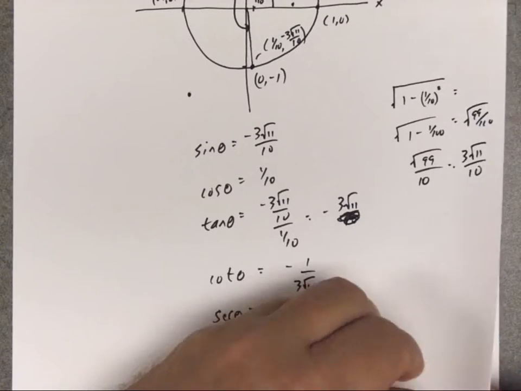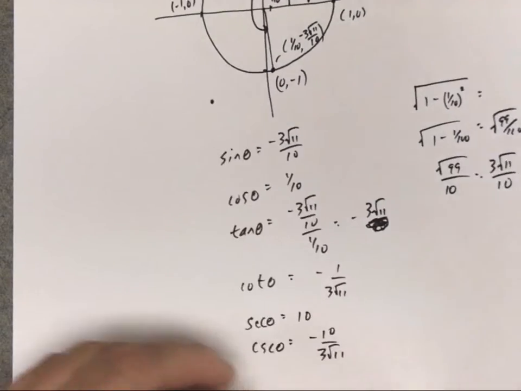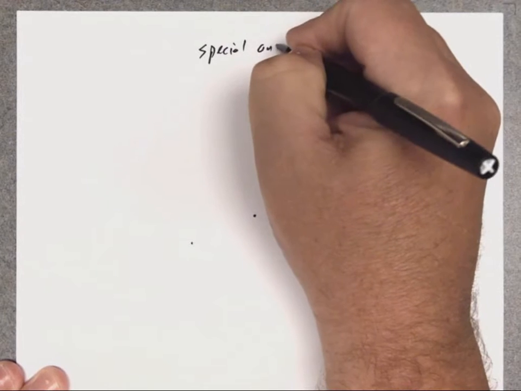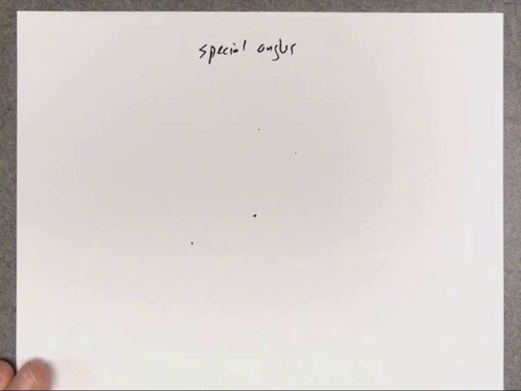Now let me explain to you how we use it all the time in trig, because normally we don't just choose random angles. Remember 1 or 2 lessons ago I said we have special angles, angles we use over and over again when we work problems.